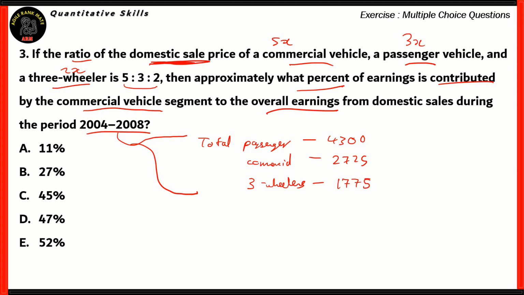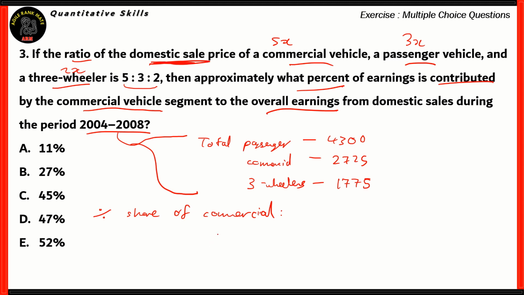Now if you remember, commercial vehicles were more expensive. According to the ratio, it's 5. So to find the percent share of commercial earnings, what we do is we multiply the number of units sold by the share of the sale price.